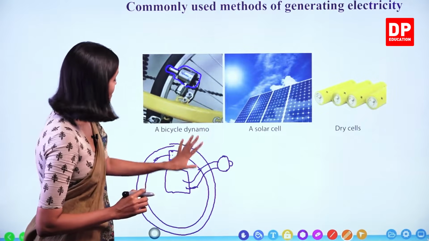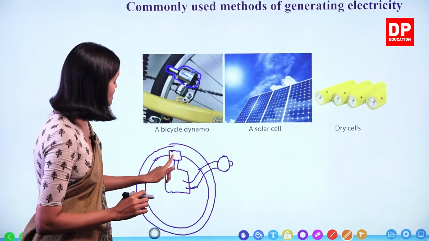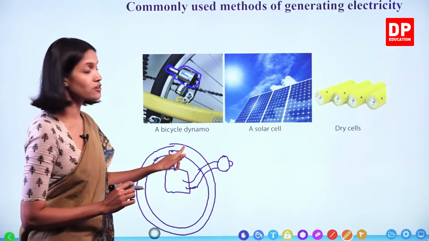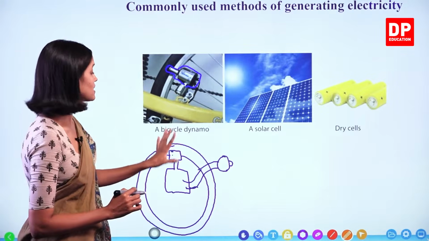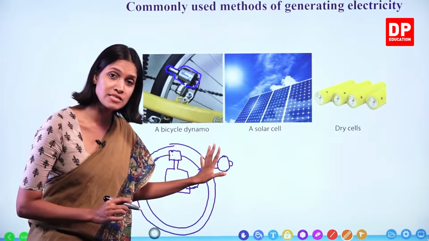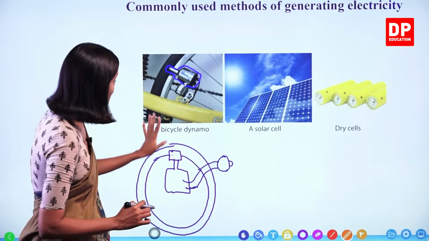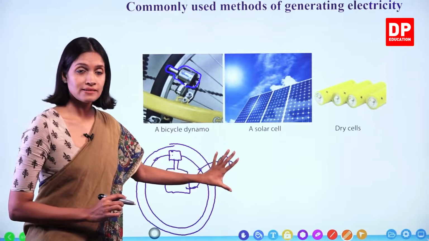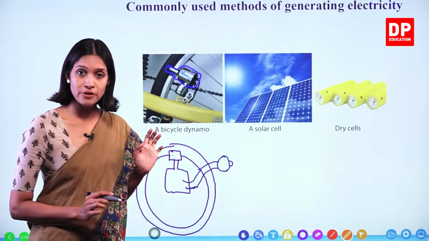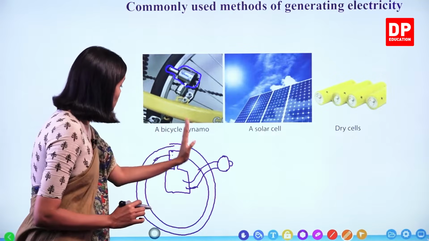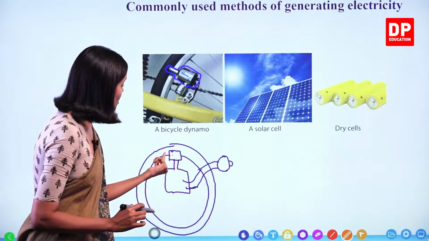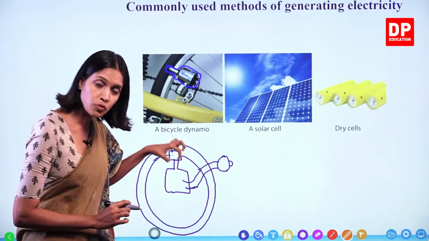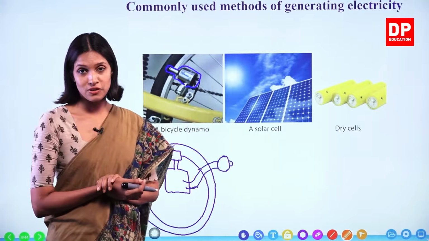So when you pedal the bicycle, this tire rotates, and as this cap-like part of the dynamo also rotates, it can generate electricity, which means only when you pedal the bicycle, you will see the lamp of the bicycle lights up, right? So only if this cap-like part rotates, so when it moves, electricity is generated.